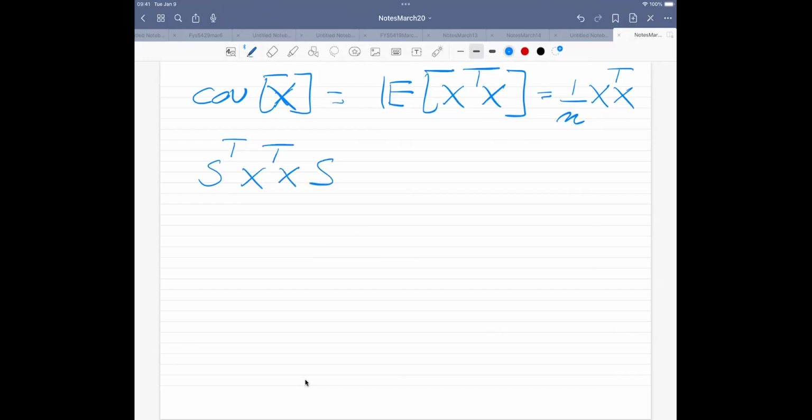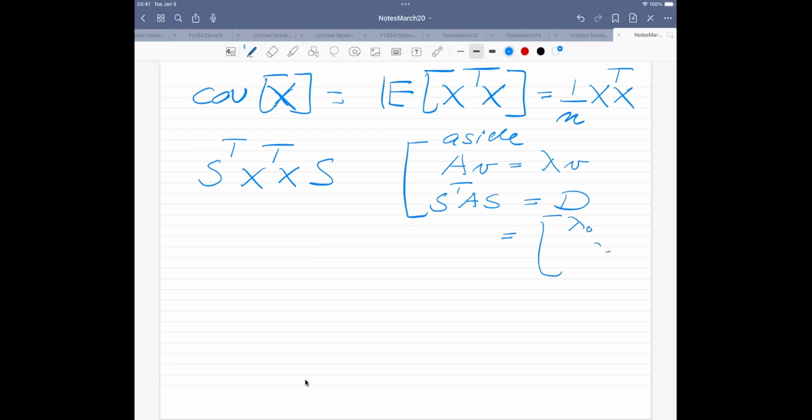So I'm performing, you know that when you diagonalize, this is another aside. If I have a matrix, let's call this a matrix A times a vector V, and this has some eigenvalue. The standard procedure is actually to transform this matrix with S, and this matrix becomes a diagonal matrix, which then has all the eigenvalues, lambda 0 down to some lambda n minus 1.